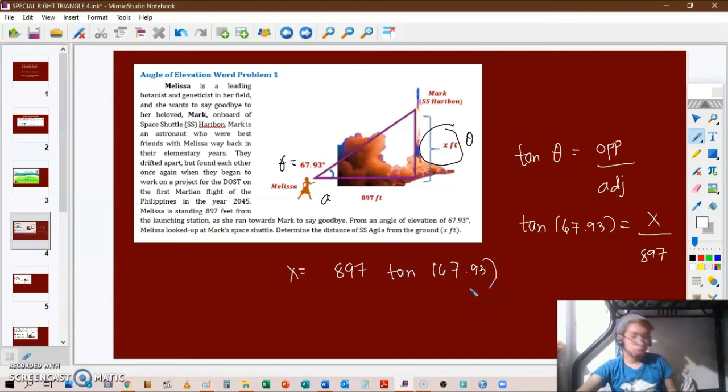If we evaluate that on our calculator, tangent 67.93 times 897, the distance of the SS Haribon from the ground is 2,212.37.